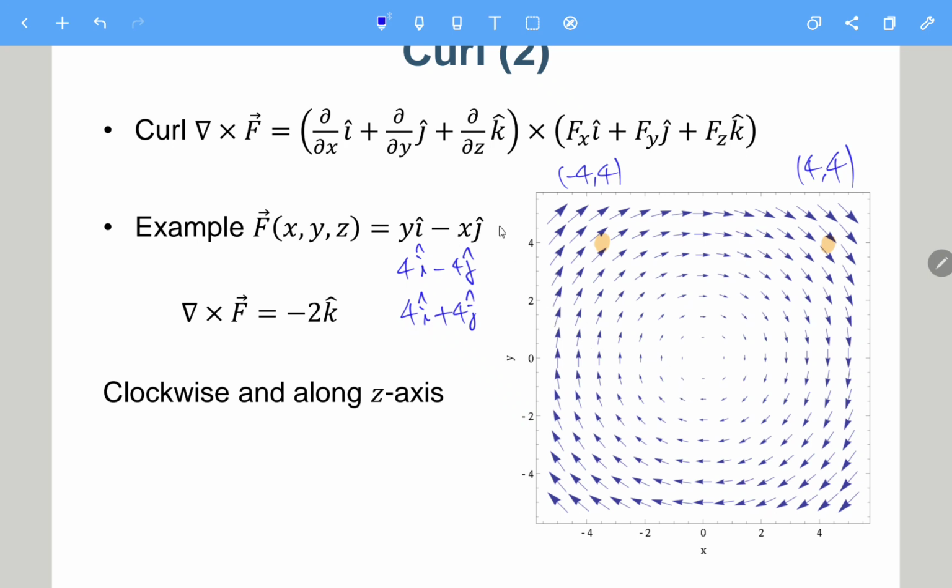If the magnitude is large, the arrow is larger. If the arrow is even tiny, it means the magnitude of the vector field at that point is small. So just by seeing the arrows here, you can imagine it's rotating clockwise.